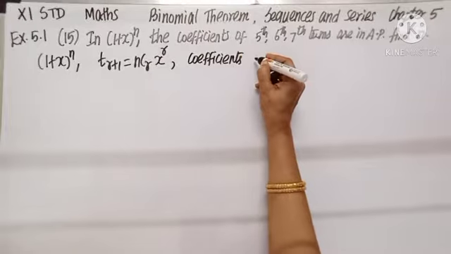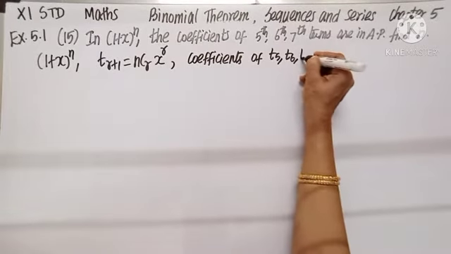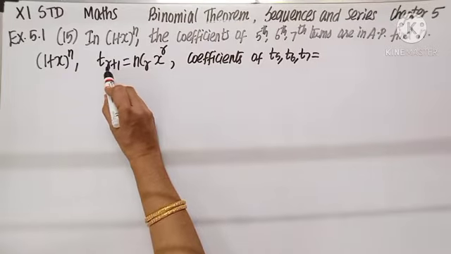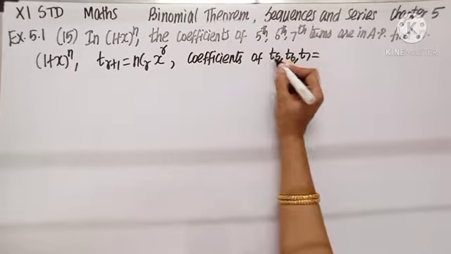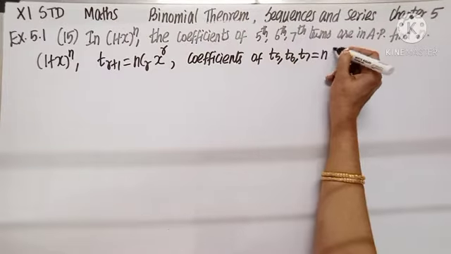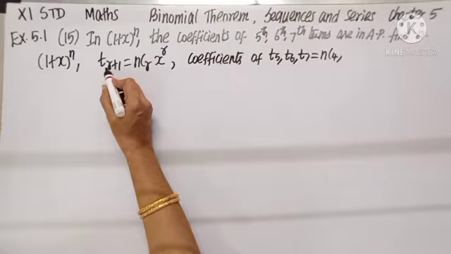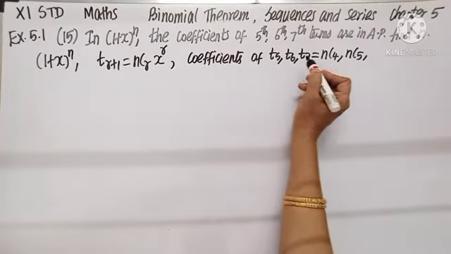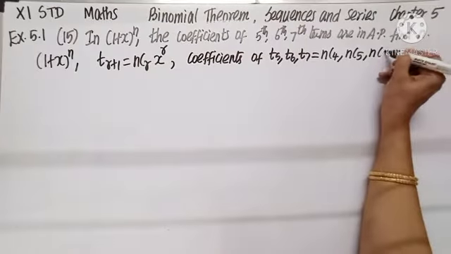So coefficients of T5, T6, T7 we want. When it is 4 plus 1, I get the 5th term. So T5 will be nC4. T6, I will write 5 plus 1, so it will be nC5. T7, I will write 6 plus 1, so it will be nC6.